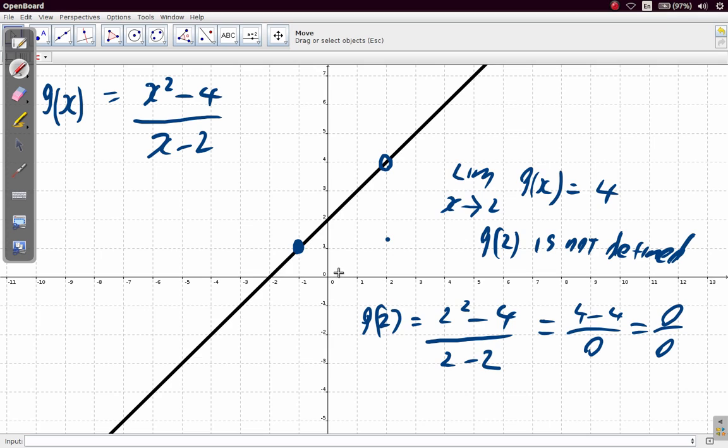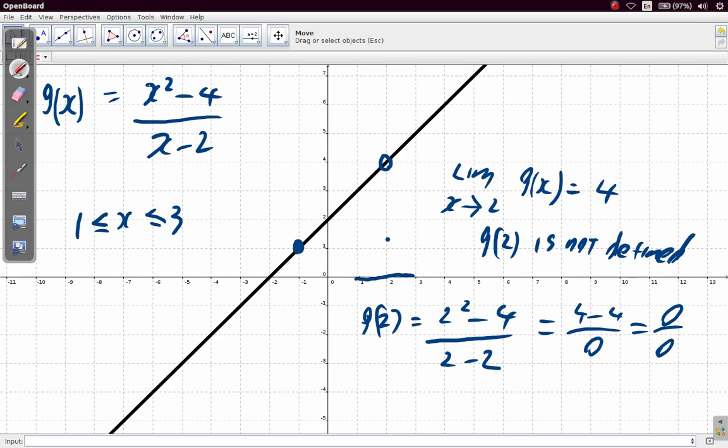You could also say any interval that involves x equal 2 is not continuous. For example, when you talk about x being greater than or equal to 1 and x being less than or equal to 3, there is a discontinuity at this point, alright?